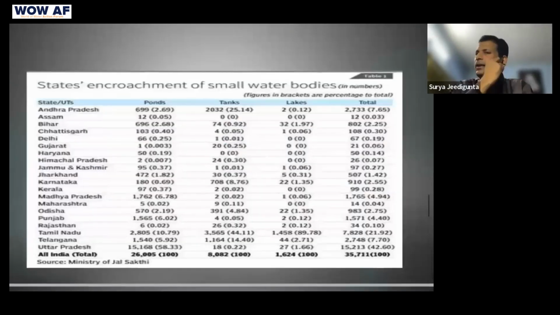If we can take this 16%, which is approximately 3 to 4 lakh water bodies, and do some repair, renovation, or restoration, that is the first step. That is the low-hanging fruit. We need to restore them.